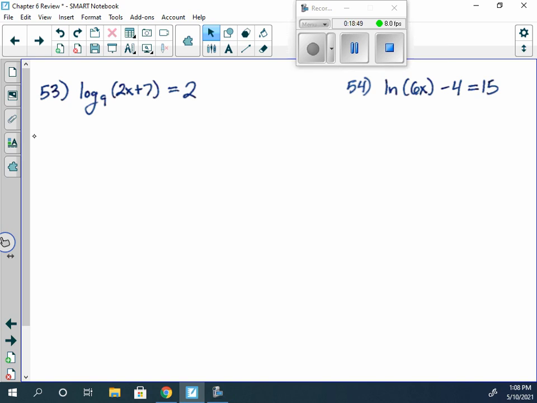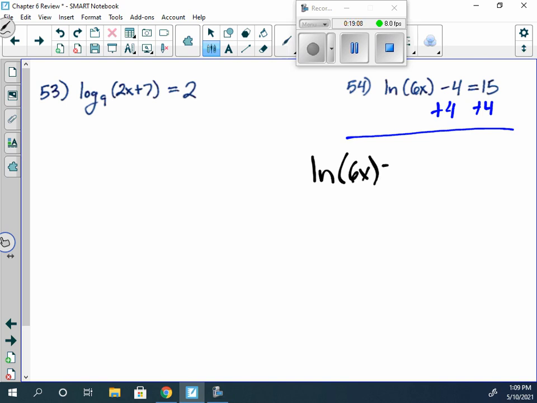54. So is that 4 being subtracted? Yep. We need to take it first. So for 54, we'll need to add 4 first. And then we would do e to get those to cancel.